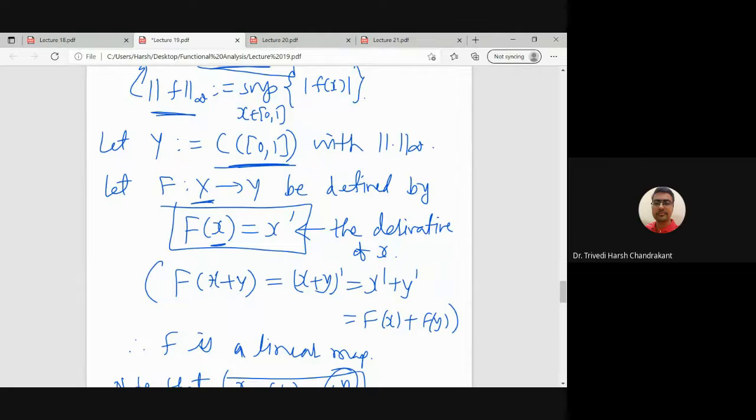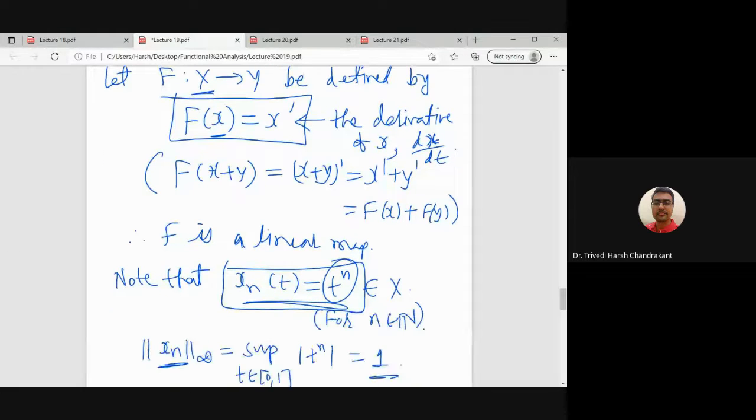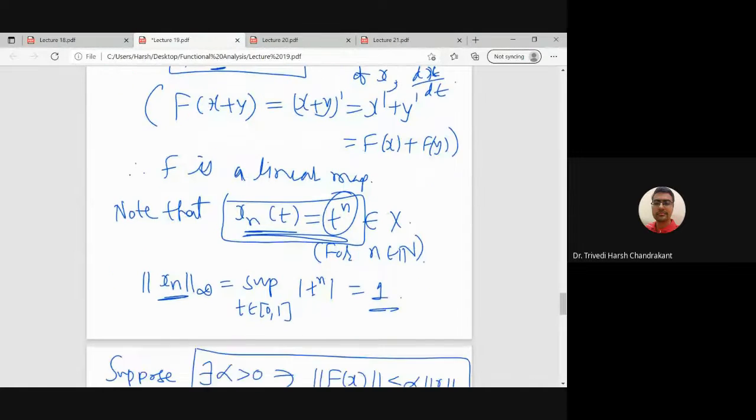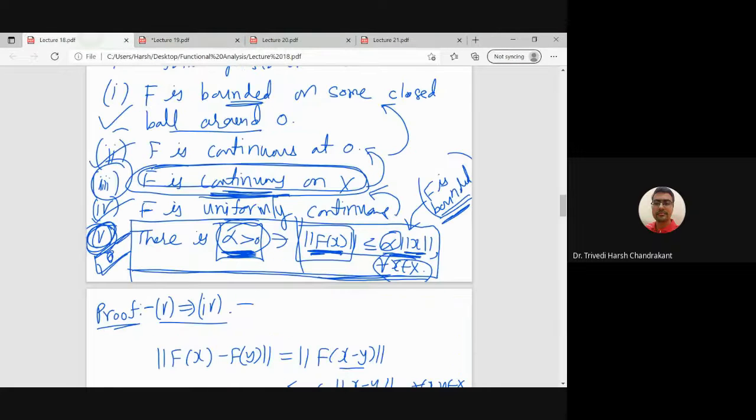So capital F maps x to the derivative of x. Here the derivative of x we are taking with respect to t, so that is dx by dt, because we are considering x as a function of t. If you take the sequence of elements of the domain, that is t power n, each of these elements has norm 1 in the domain, but it doesn't satisfy this condition for any alpha.